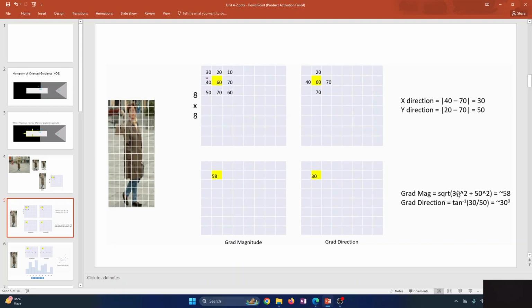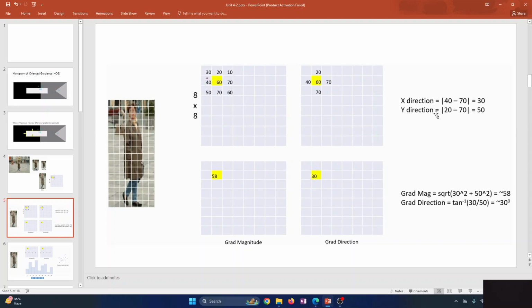Now we added the sum of these squares, and then we found the square root of the values. So that will be approximately 58. Is this clear to you? This is a simple formula: square root of x square plus y square, as simple as that. By this we can find the gradient magnitude.